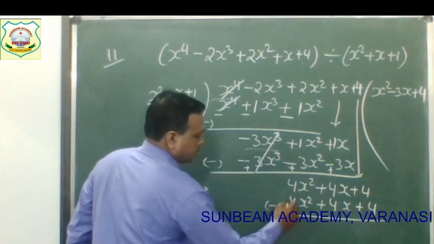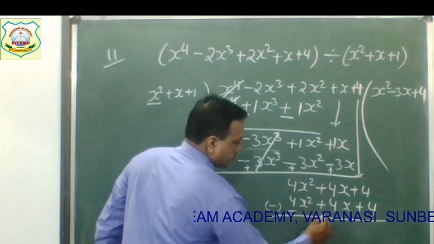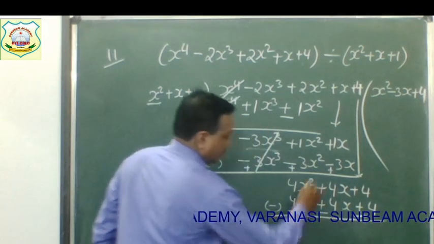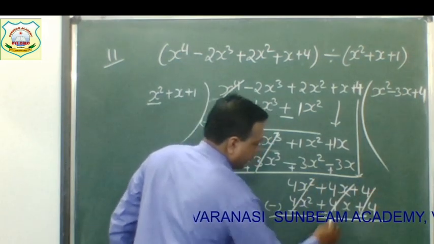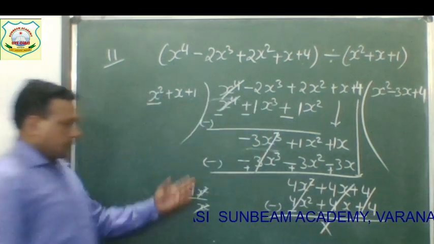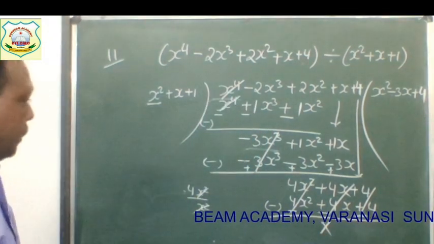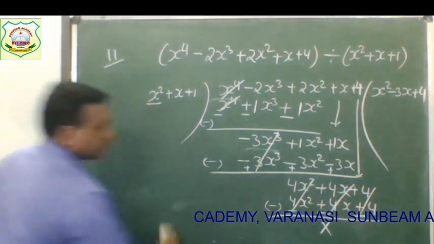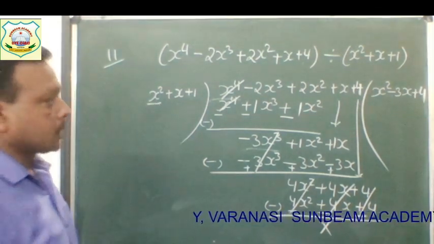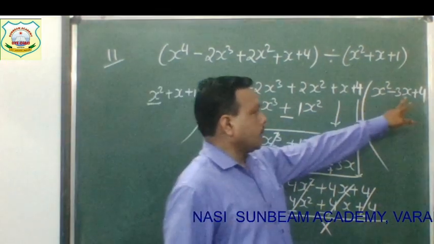We want to subtract, so the signs change and everything cancels. So, students, the quotient is x square minus 3x plus 4.